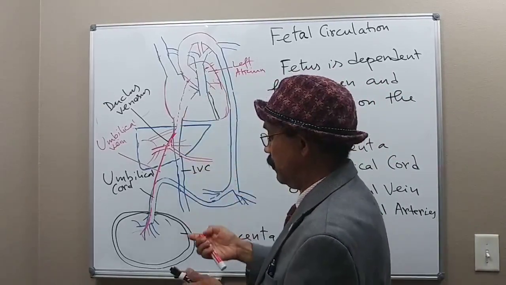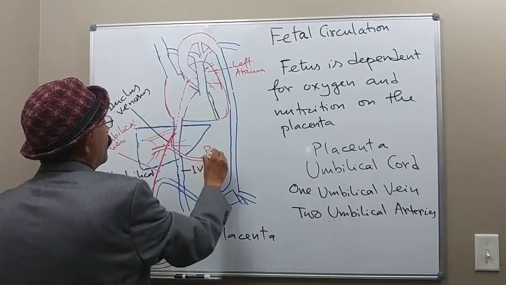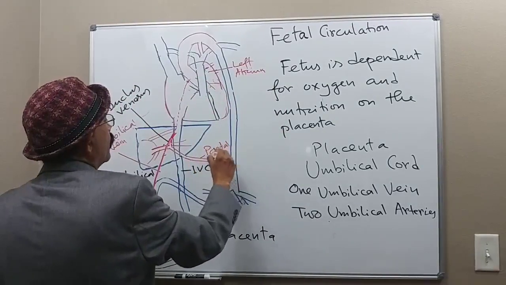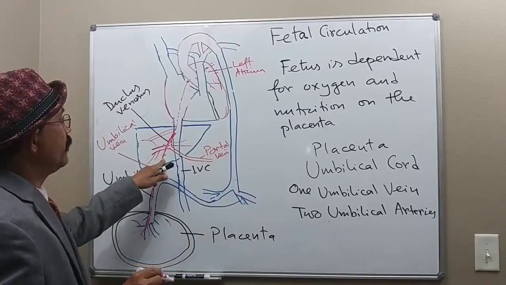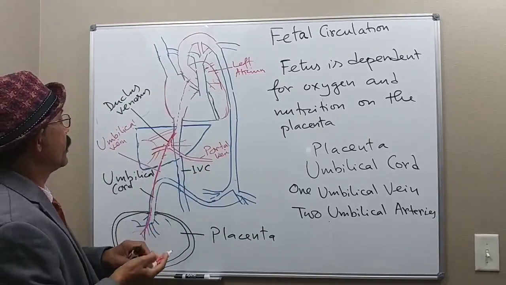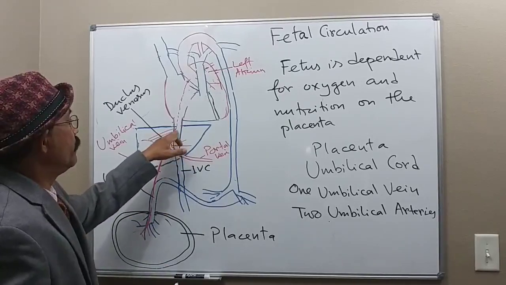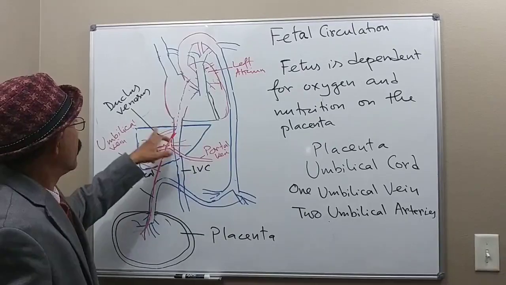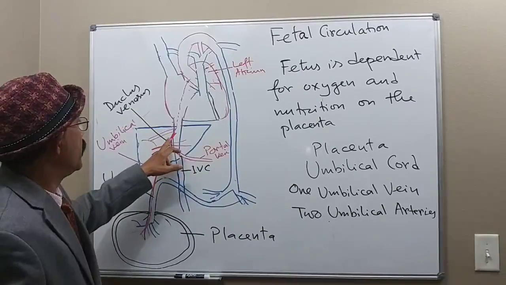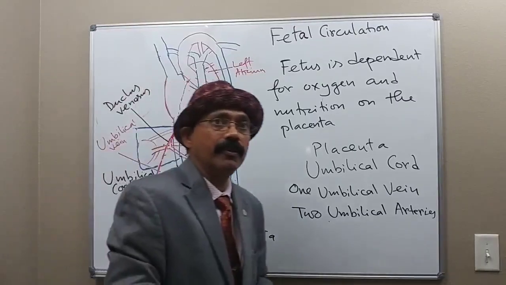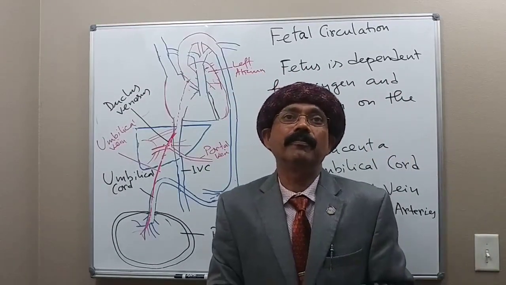This is the portal vein. This is the umbilical vein, and the inferior vena cava. So the left branch of the portal vein goes to the inferior vena cava, and the ductus venosus also receives the umbilical vein.